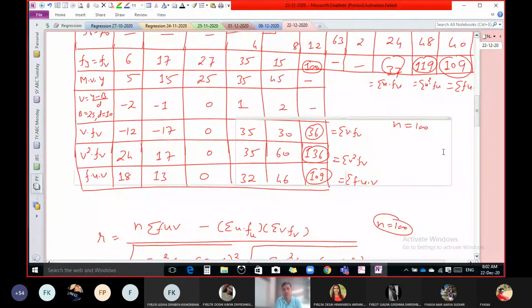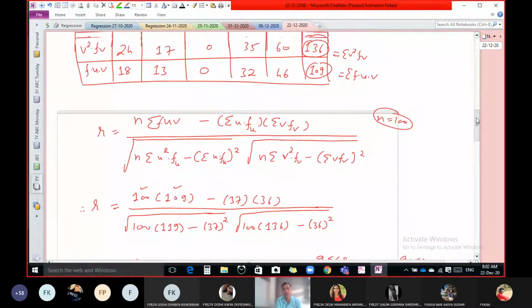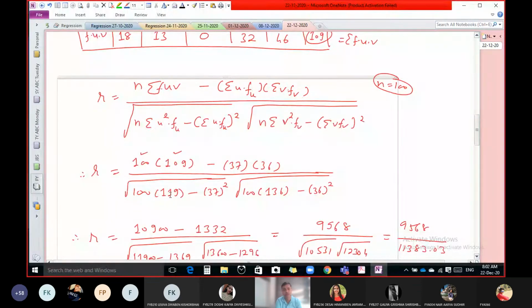So put the value 37 into 36 upon square root of n is 100, sigma u square into fu, that is nothing but 119. So here you have to write 119 minus 37 the whole square. Similarly, you have to put the value of sigma v square into fv and sigma v into fv.